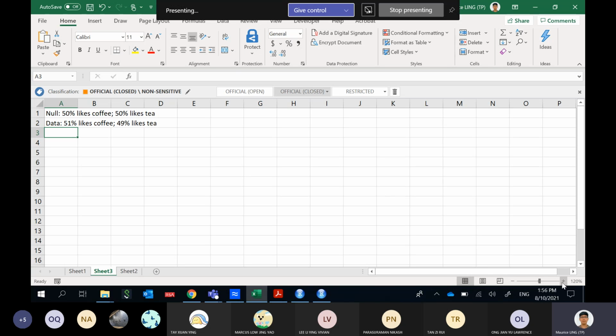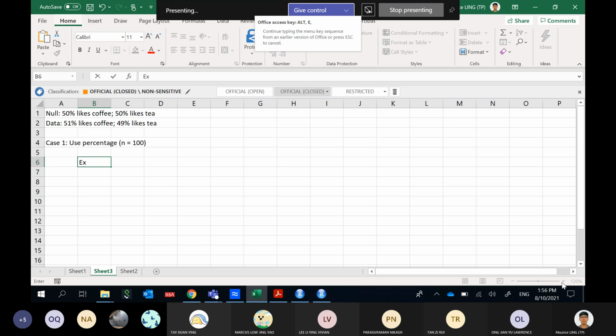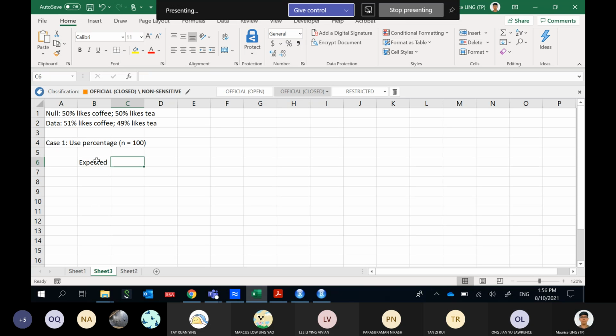If we are going to do this on percentage, case 1, we use percentage, which is as good as n equals to 100. Make sense? So this is your expected and observed, for coffee and tea.